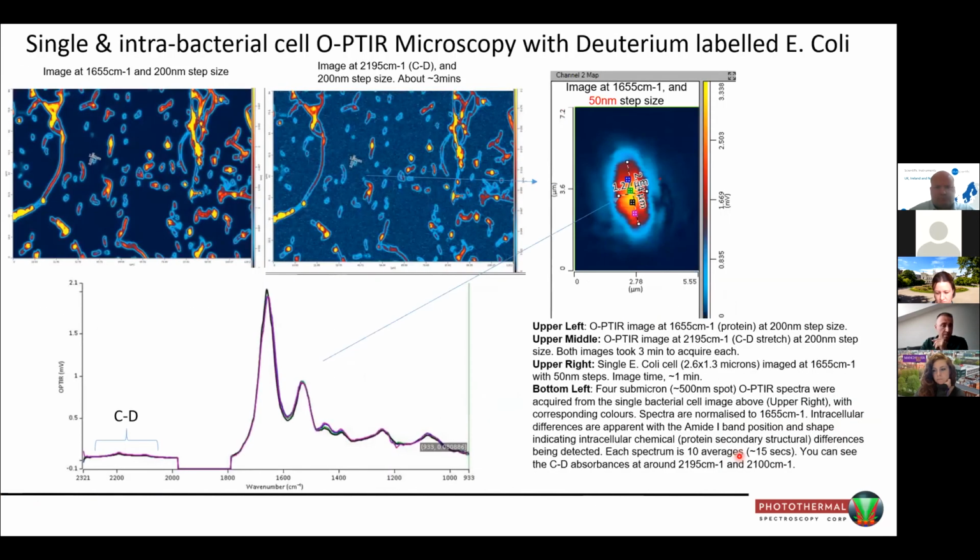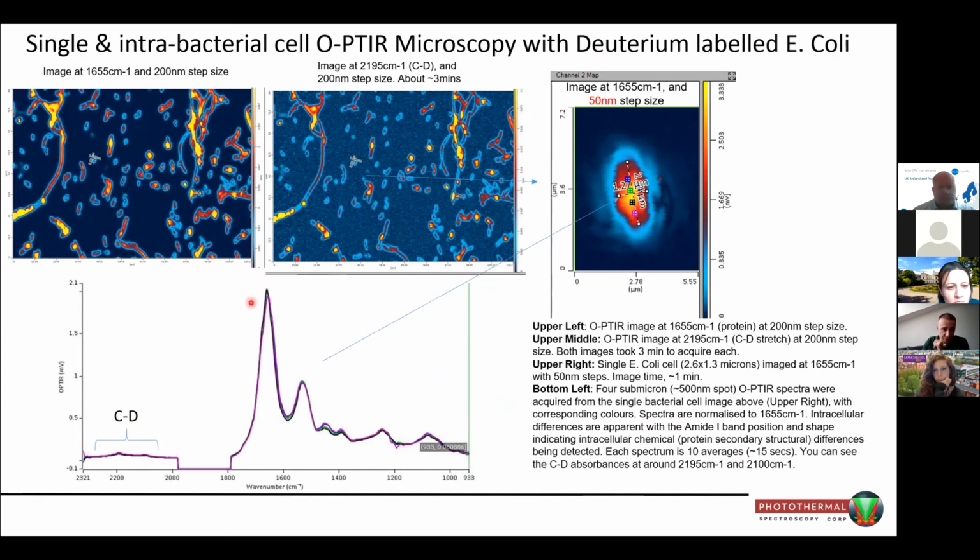This is not from the paper, but it's a sample from that same group. In fact, this is now using a CD chip, or the silent region chip, so you can actually see some carbon-deuterium absorption within an E. coli. So that's an image at 50 nanometer steps of a single bacterium. And I've got now spectra along the length of the bacterium.